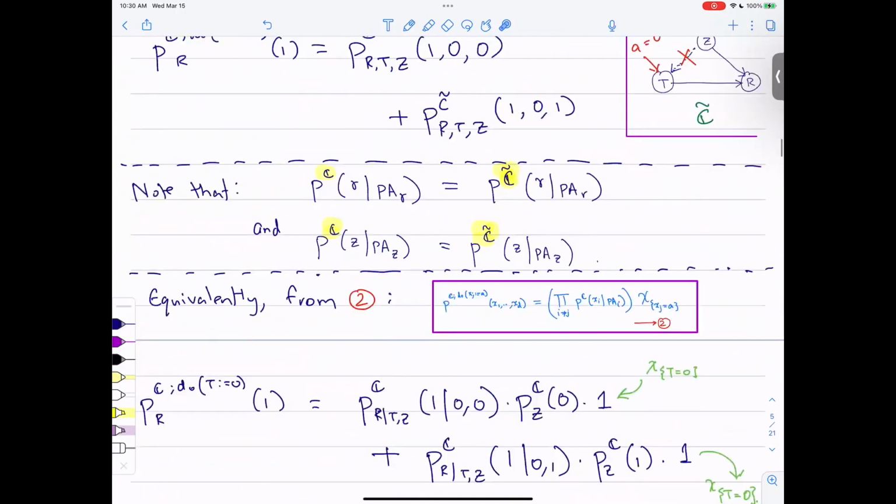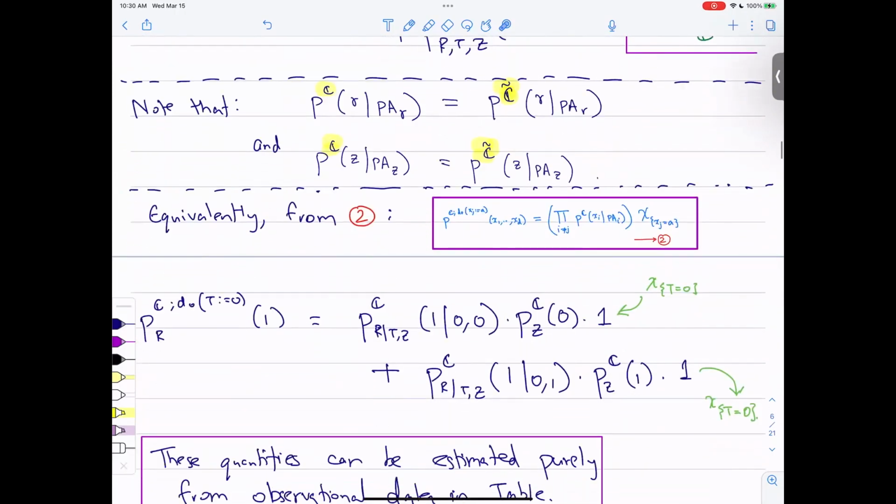For example, to compute P_Z of 0, I just need to ask what fraction of patients had small kidney stones, and just count from the table. So every one of these can be calculated from observational data.